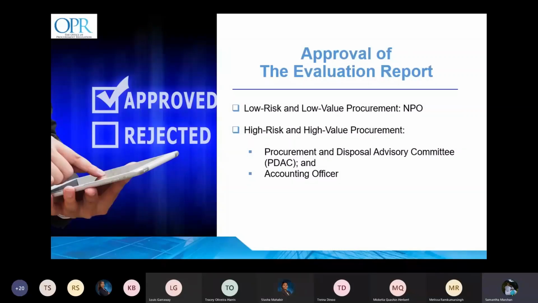Where the accounting officer identifies procedural irregularities in the procurement proceeding, he or she can ask for a review or even overturn the recommendations of the evaluation committee and PDAC where applicable. Where this is done, the accounting officer must provide reasons for such in writing to the NPO, and the procurement proceedings file must be returned to the NPO with evidence, supporting information, and a request that the issue be addressed if applicable.